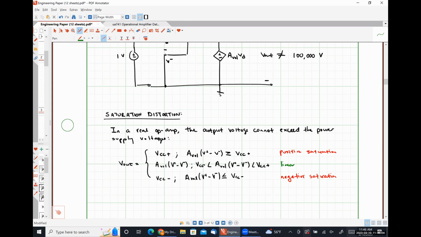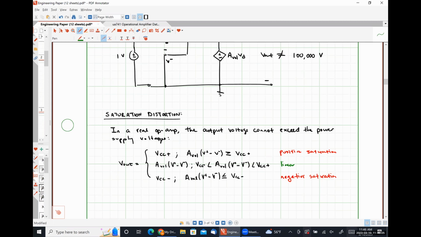So our output is said to be saturated at the positive supply level. Similarly here, it doesn't matter how much more negative my differential voltage gets, the output will stay at negative saturation, right? So that's what saturation is.